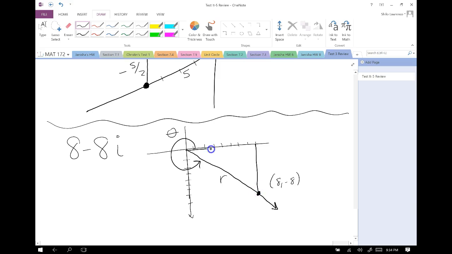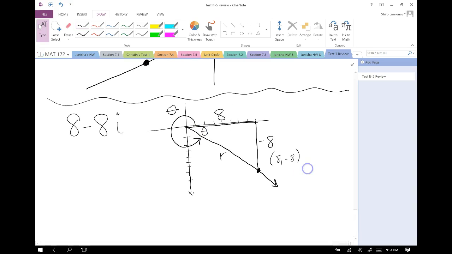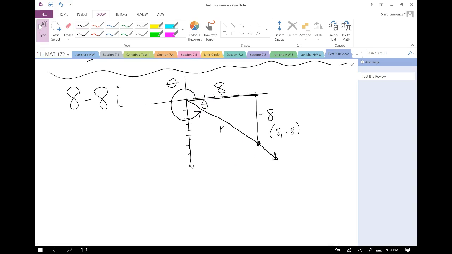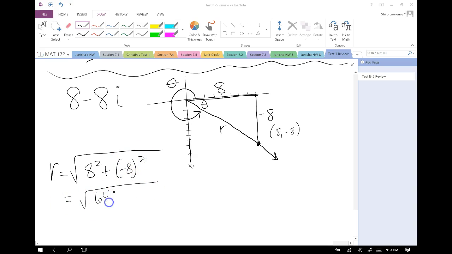And we can make a right triangle. We're going right 8 and down 8. So the r is just the hypotenuse, and theta we can get by doing a tan inverse. But our calculator is going to give us the angle inside the triangle, and we're going to have to adjust it. That's why I wanted to do this one. So the r is just Pythagorean theorem. And we're going to get 64 plus 64, which is 128, which is 8√2.